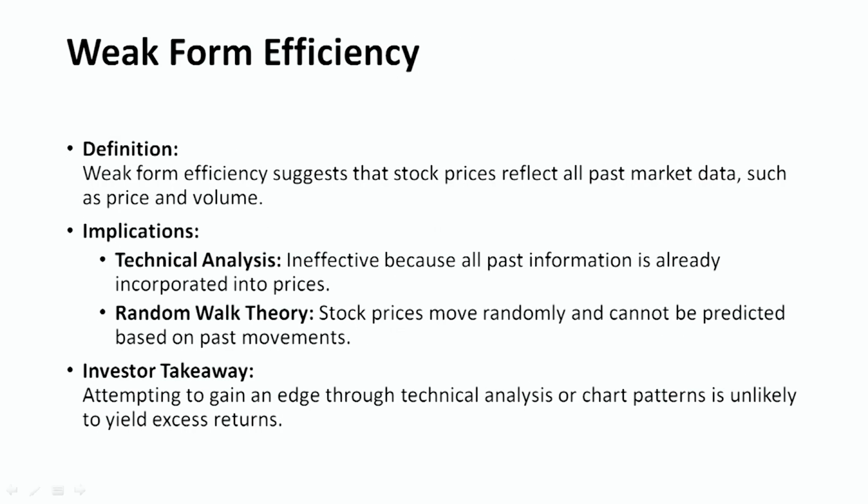As I told you, you have three forms of market which have been described by the efficient market hypothesis. In the first lecture also I discussed it using a triangle. Here the weak form of market says that the market is reflecting past information, which includes the price of shares and the volume of stock which has been traded.